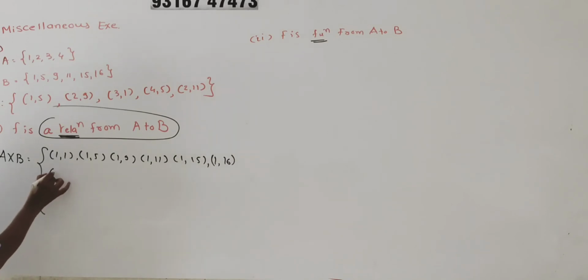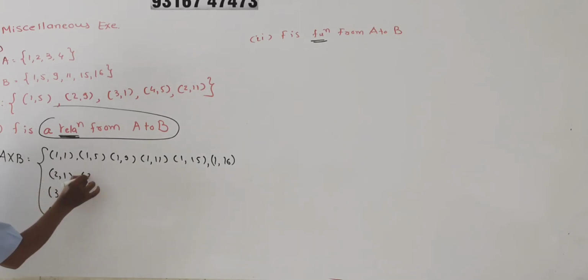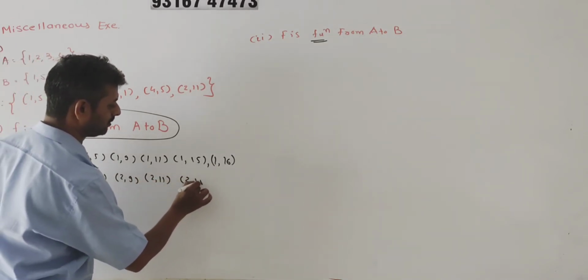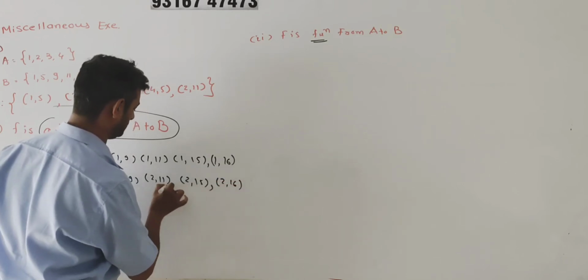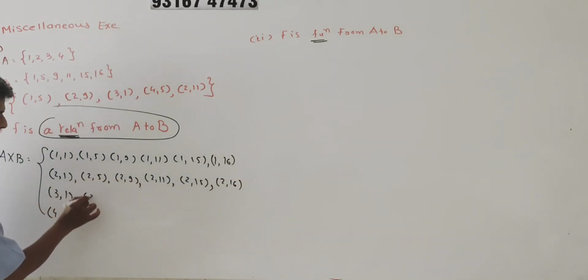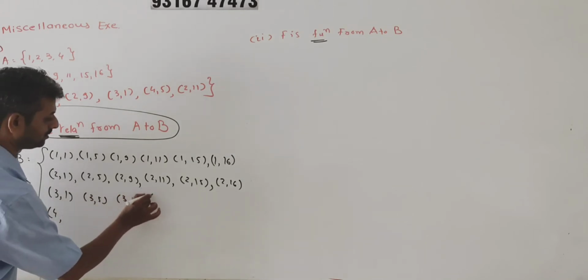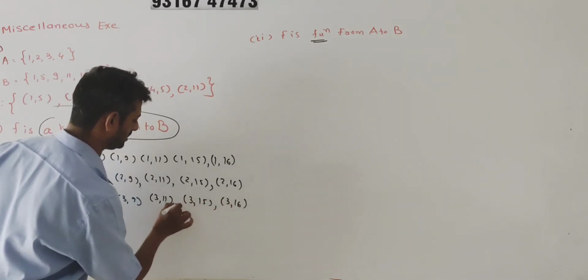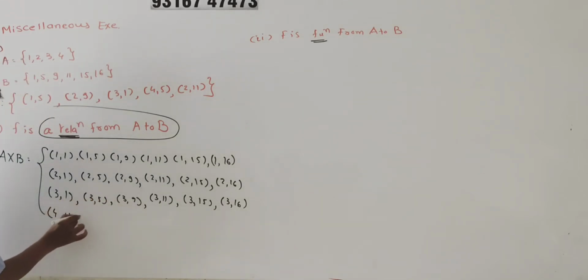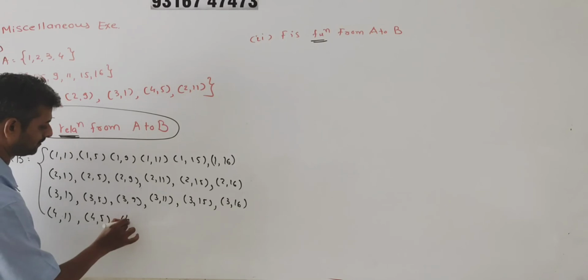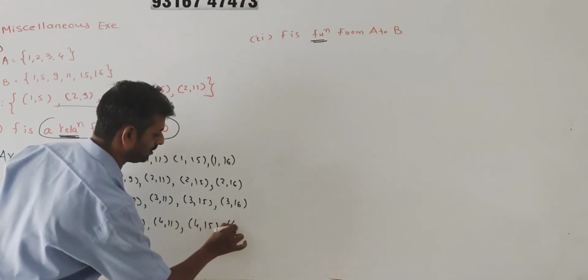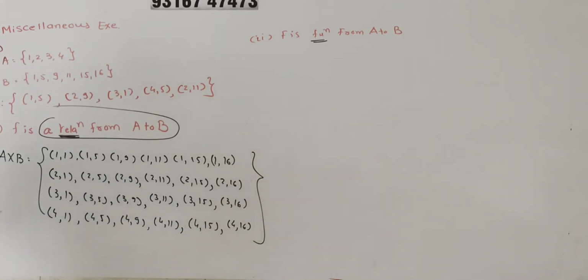Same way for 2, 3 and 4: (2, 1), (2, 5), (2, 9), (2, 11), (2, 15), (2, 16), (3, 1), (3, 5), (3, 9), (3, 11), (3, 15), (3, 16), (4, 1), (4, 5), (4, 9), (4, 11), (4, 15) and (4, 16). This is A cross B.